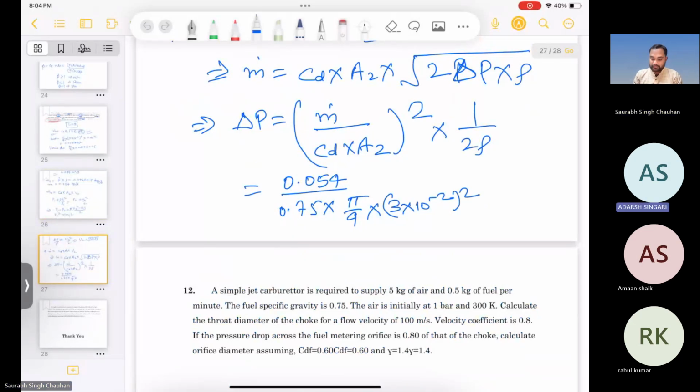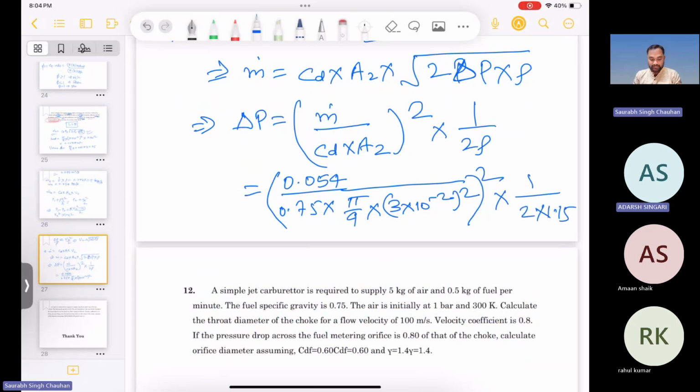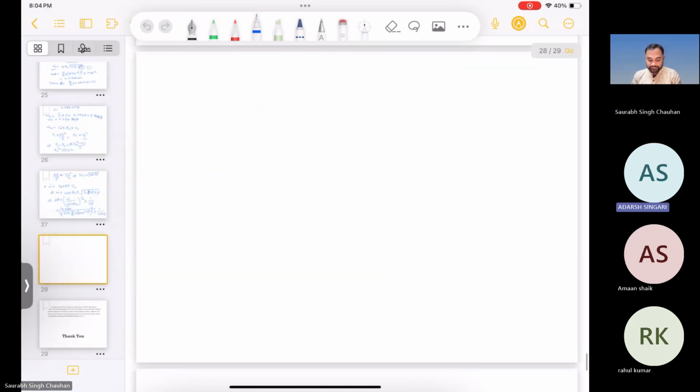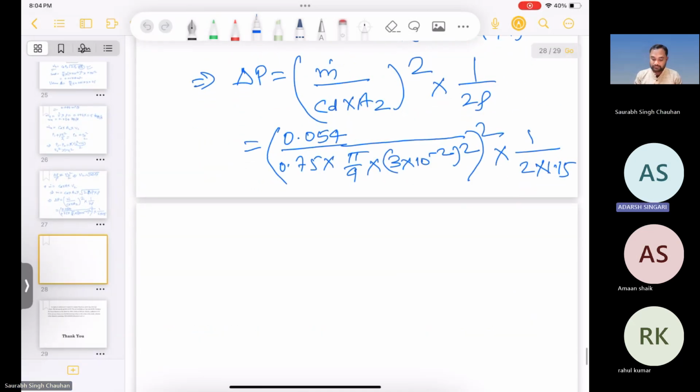And this whole thing will also get squared, into 1 times the density of air. Okay. If you calculate this value, you will get delta P: 4510.9, 4511. Unit?